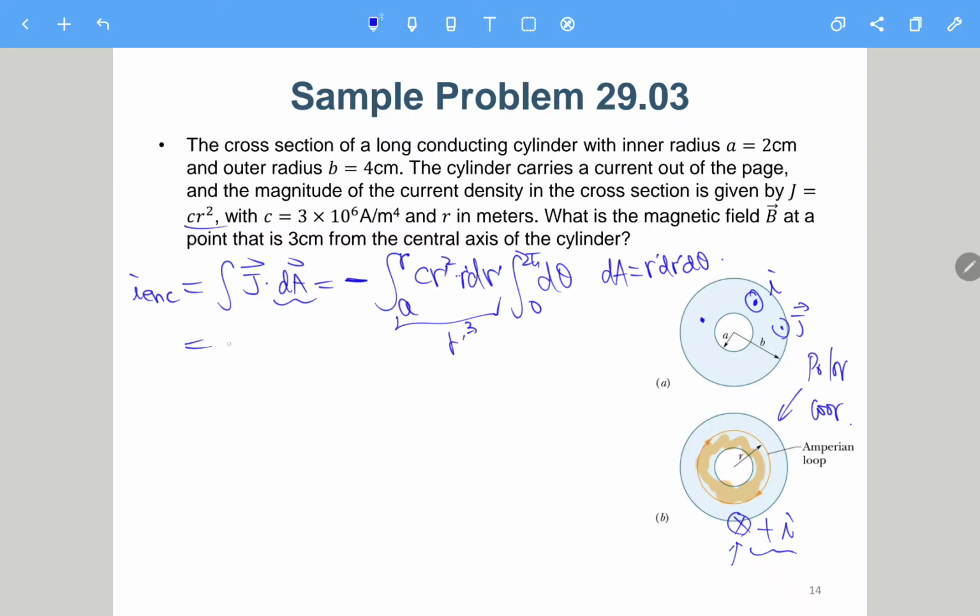This will become negative C times r to the 4th power minus a to the 4th power all over 4 for this term, and for the theta integral it is nothing but 2 pi. So we will have negative pi over 2, and then C times r to the 4th power minus a to the 4th power.